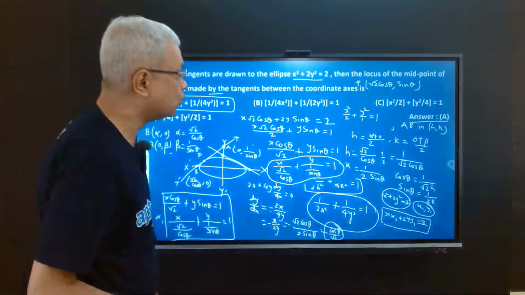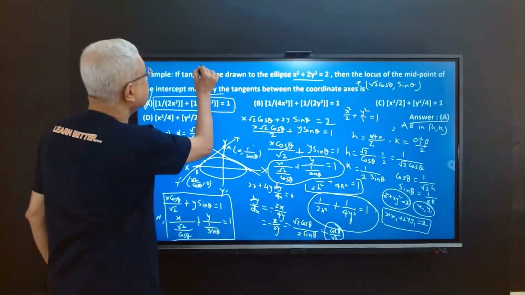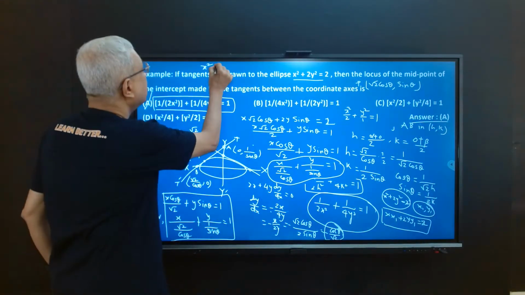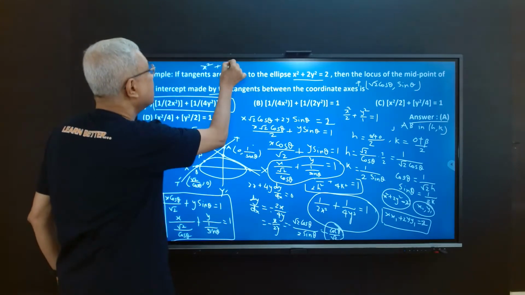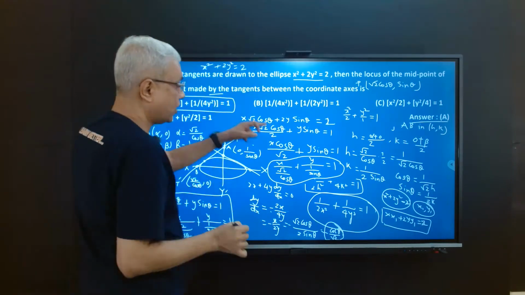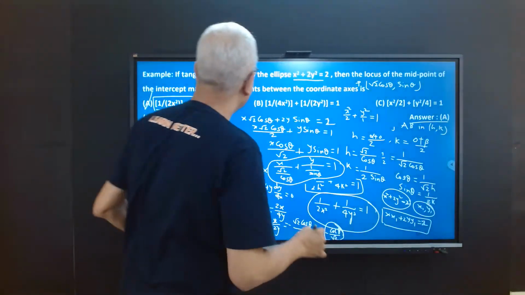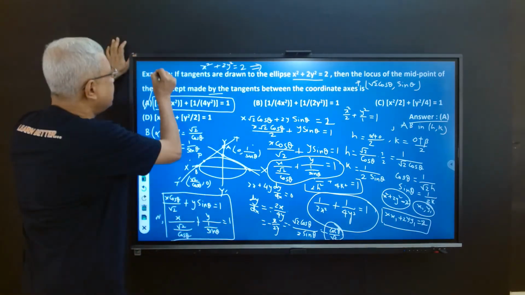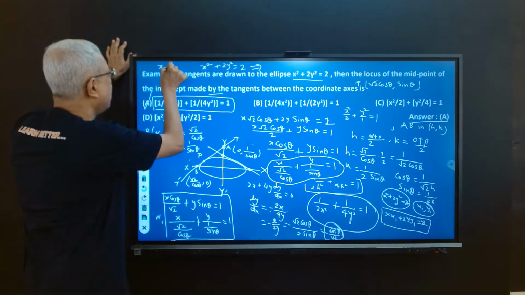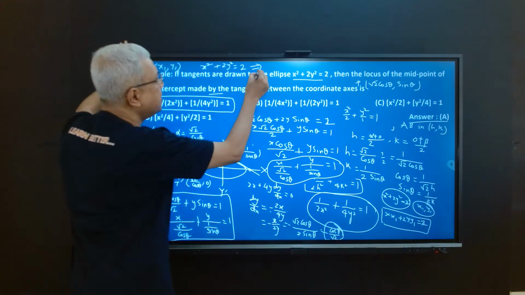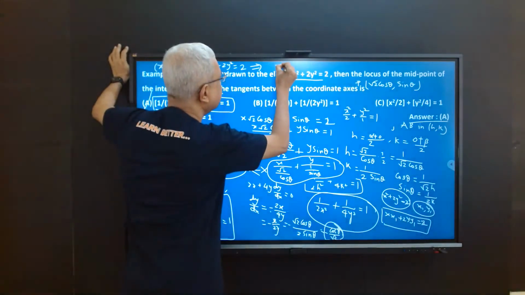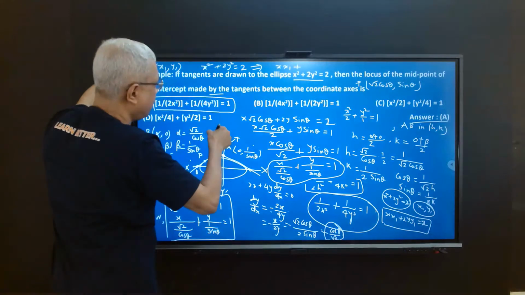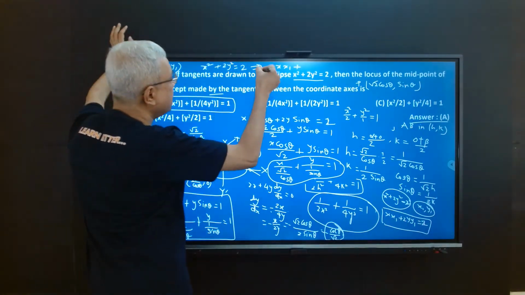So what you do, whatever the given equation is, our given equation is x square plus 2y square equal to 2, not 1, it is 2 this side. From this, if you want to find the equation of the tangent at the point x1, y1, in place of x square you write x x1, and in place of y square you write y y1.